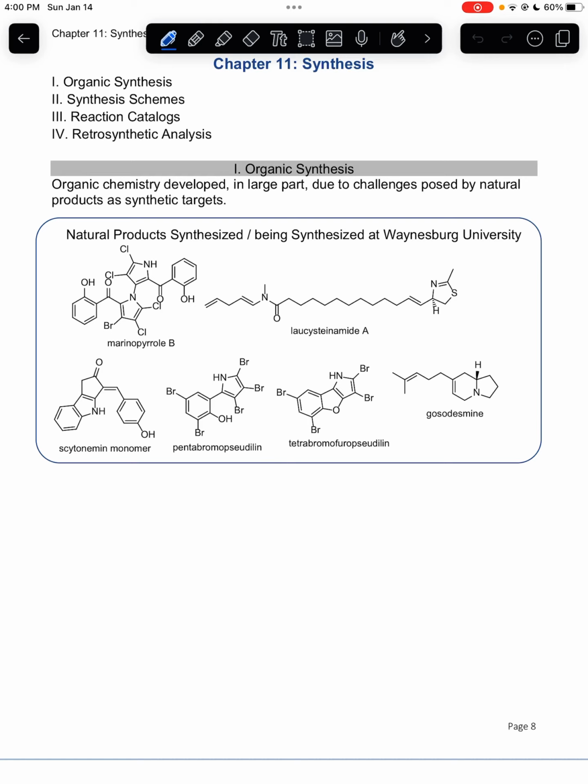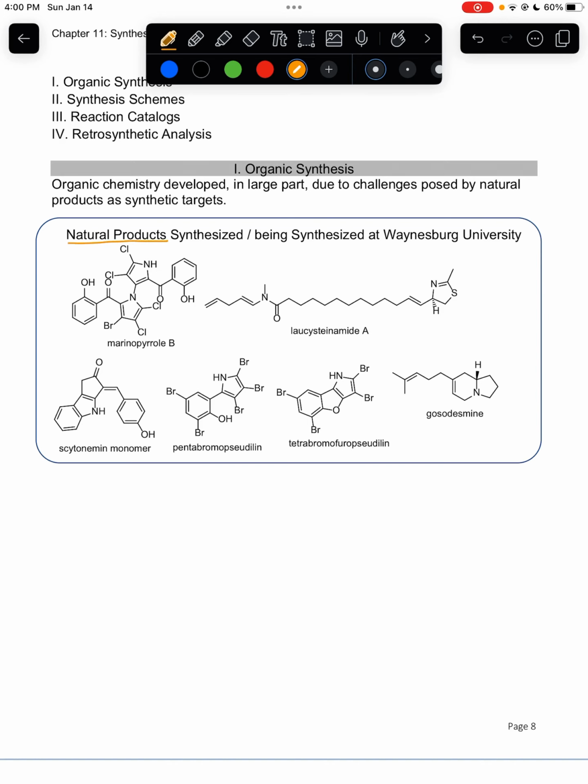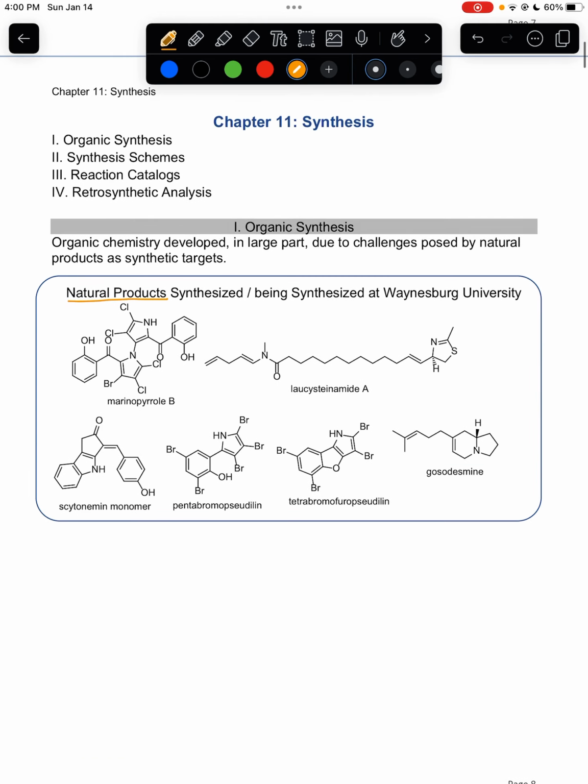But anyway, here's some, just to elicit some appreciation, I hope. Here's some natural products, just to differentiate that word from what you might see on Etsy, like essential oils. This just means secondary metabolites, as opposed to primary metabolites.